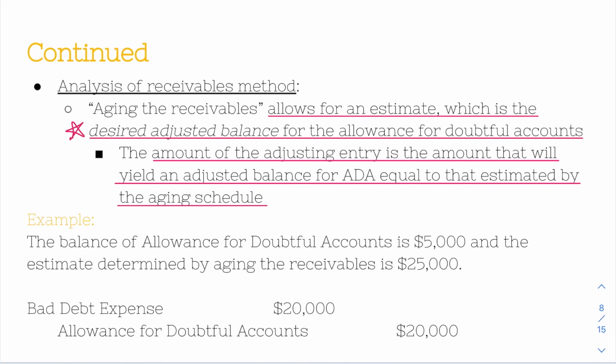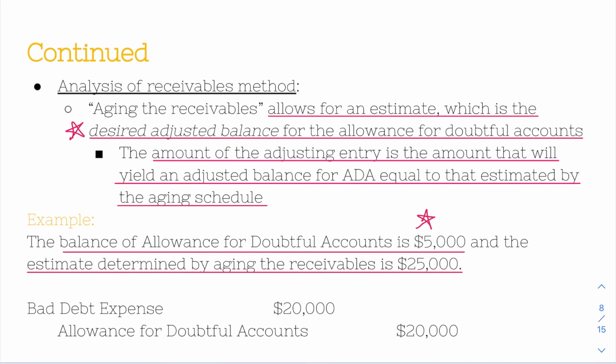So the balance of allowance for doubtful accounts is $5,000. And the estimate determined by aging the receivables is $25,000. So right away, this is what I was trying to say. You have a balance in allowance for doubtful accounts already of $5,000, meaning your estimate from the previous period was too high, so now you have a little bit left over.